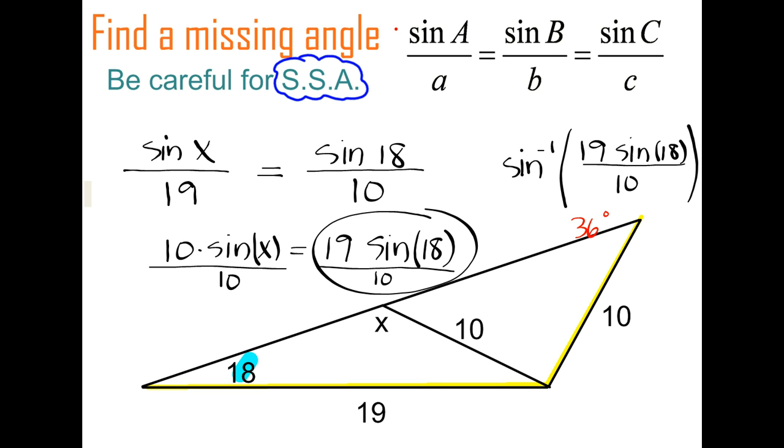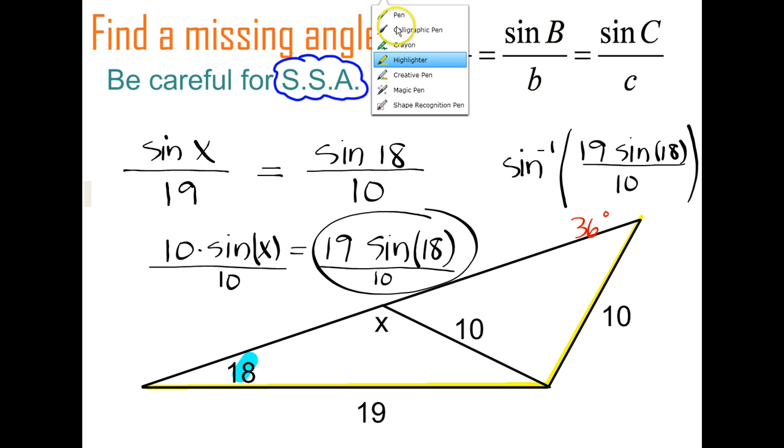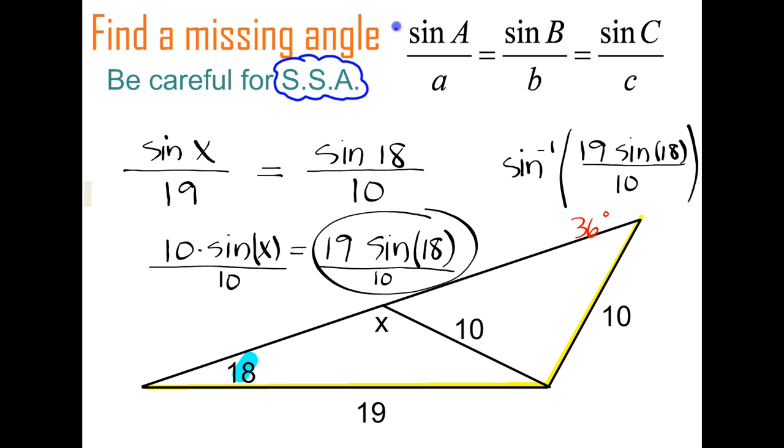So when you have angle side side like we do here, there's two possible angles. What the calculator will give you first is the acute angle, which is this 36 degrees. That's this angle x.